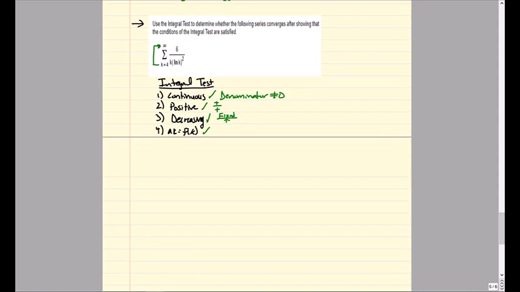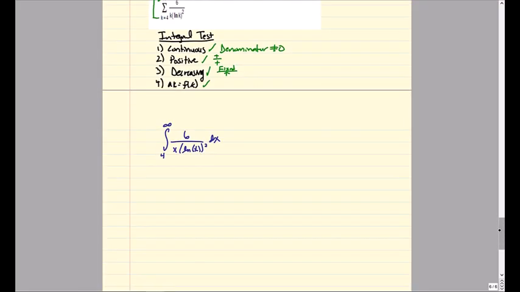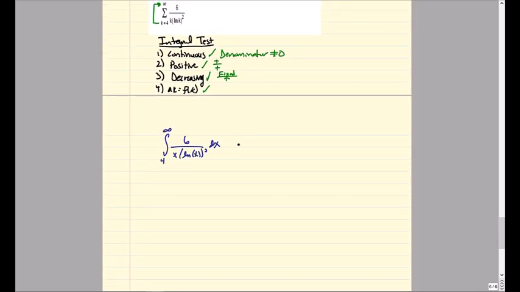To get started, the first thing I need to do is to rewrite the integral as 6 over x natural log of x squared dx, going from 4 to infinity. Okay, so this is a u substitution, so I'd let u equal natural log of x, and then du would be 1 over x dx.